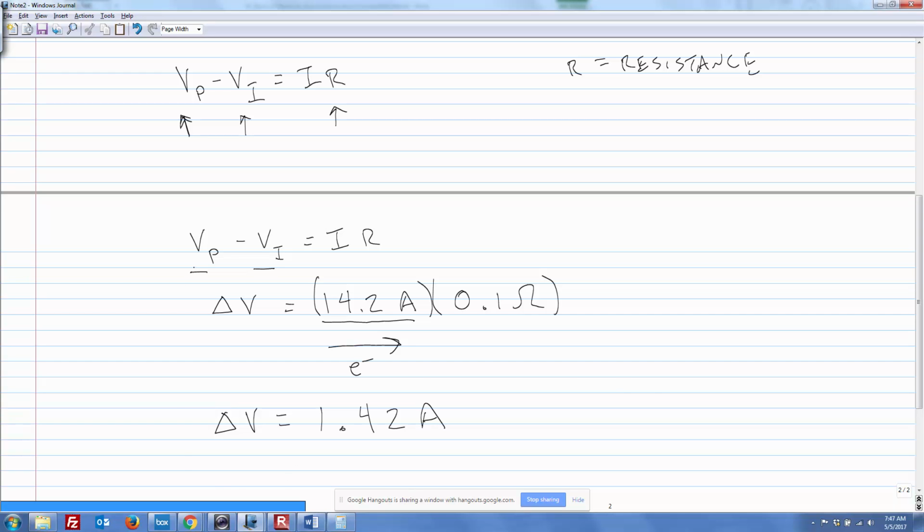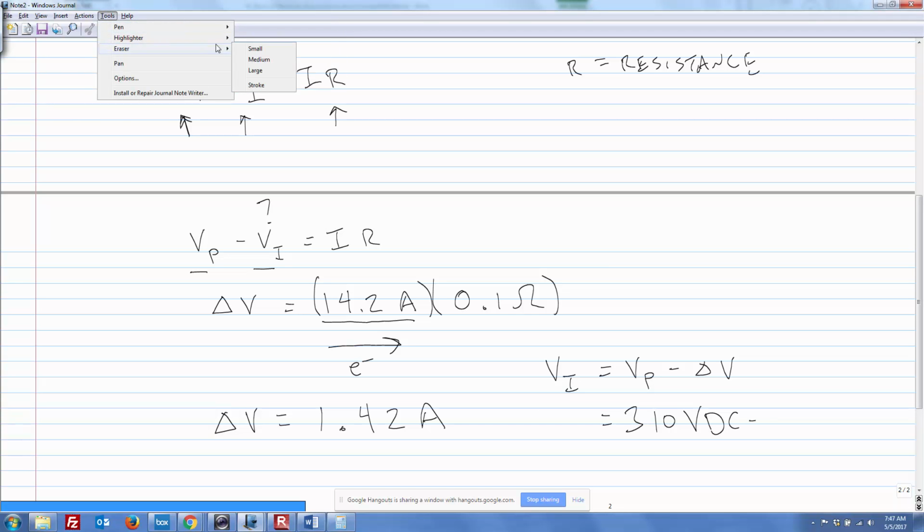Okay, so now if we want to know what VI is, we can say that VI equals VP minus delta V. So VI equals 310 volts DC minus, oh sorry, I made one mistake. Let me fix this. I wrote amps.